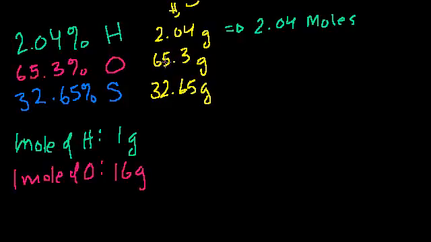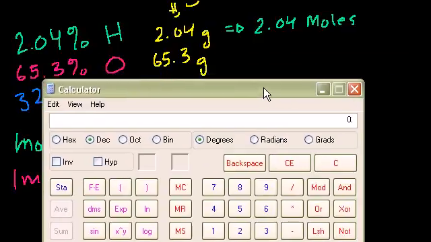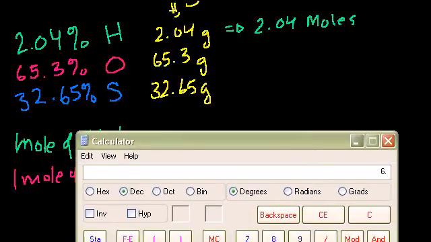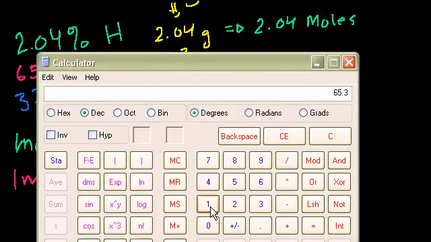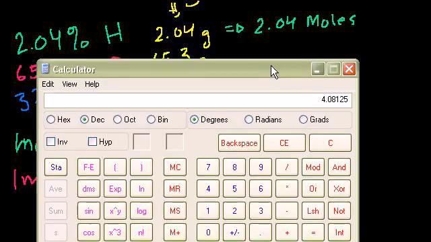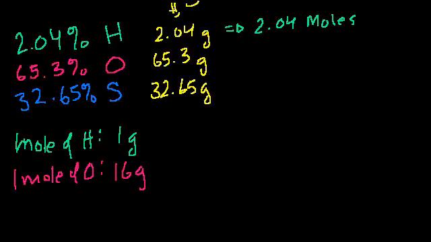We have 65.3 grams of oxygen, and we have 16 grams per mole, so you divide by 16. It equals 4.08125. I don't want to get too precise here, so 4.08 moles of oxygen.